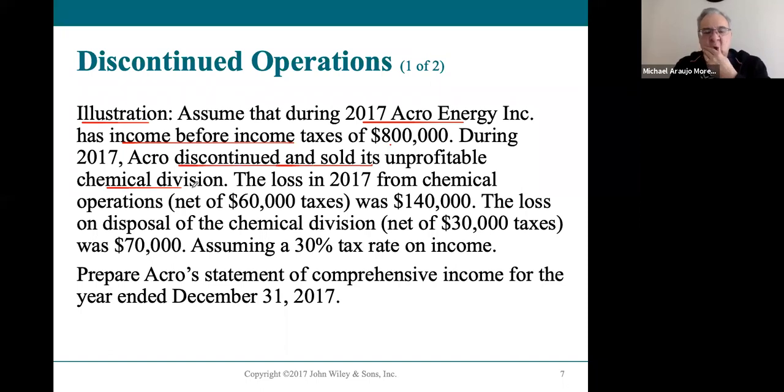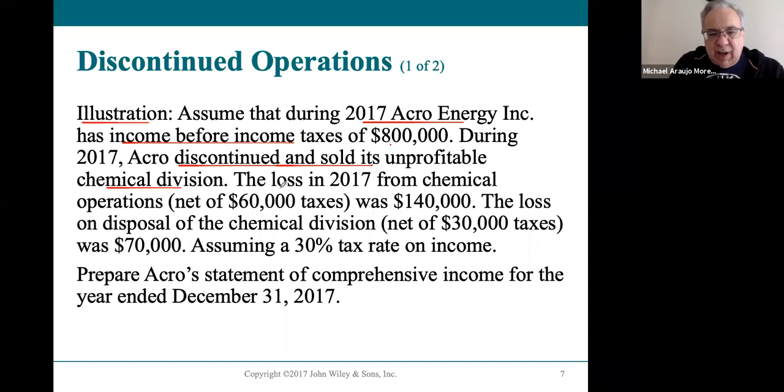Okay. So when you discontinue or sell your chemical division, you're literally selling that particular division to another company. So there's the sale of that part of the company, but you're also closing down the operations, and you've got to look at those here at your current site. So you're kind of looking at these things in two ways.